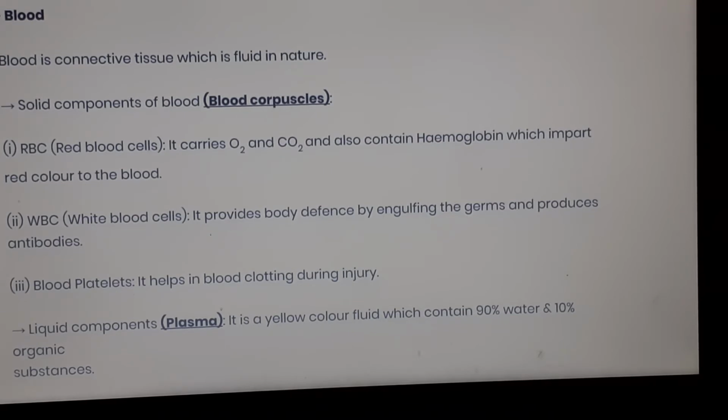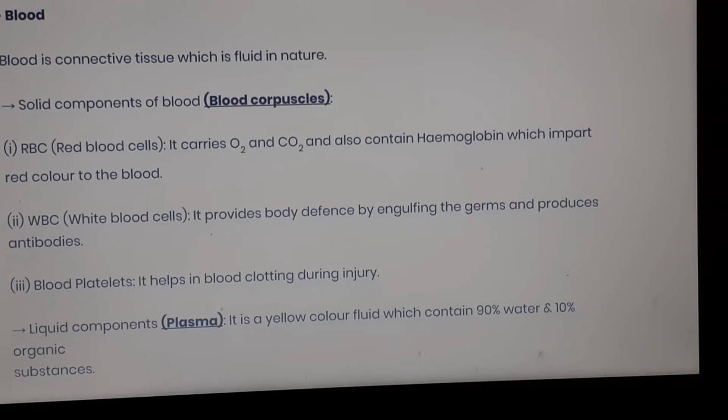Next one, blood platelets. It helps in blood clotting during injury. See, whenever we get any cut, what will happen? After some time, the bleeding stops. How does it happen? Because of the platelets, they come there and prevent the bleeding.